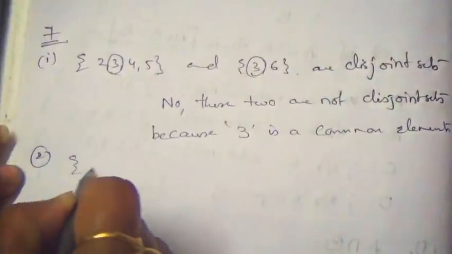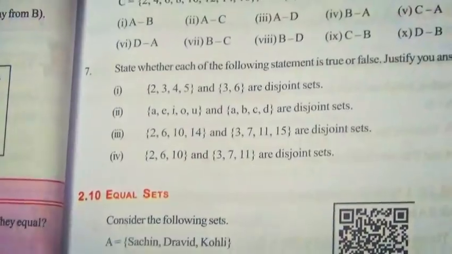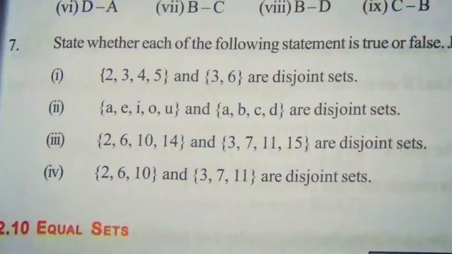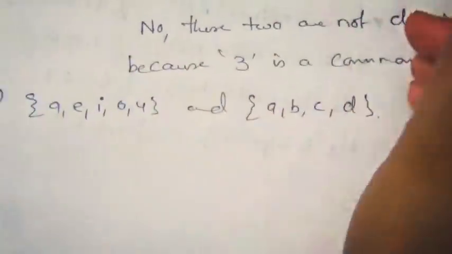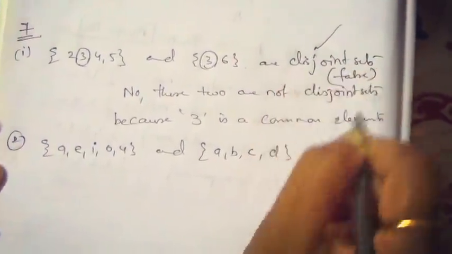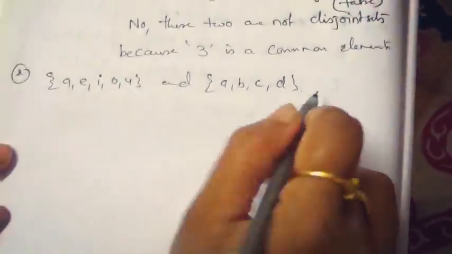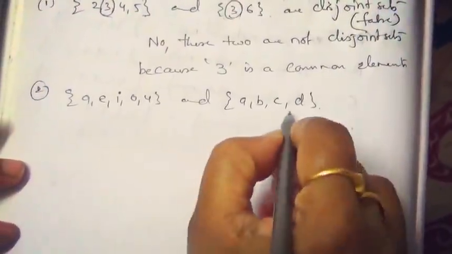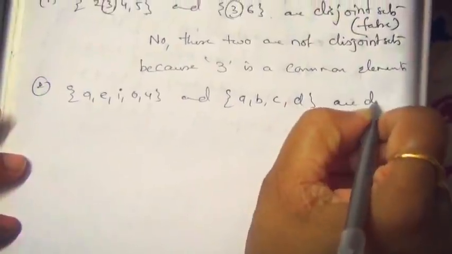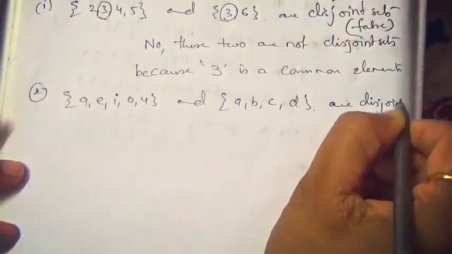Second one. A, E, I, O, U and A, B, C, D. Is the statement true? No, it is false, right? So it was false. So here in the second sum, A, E, I, O, U and A, B, C, D are disjoint sets.